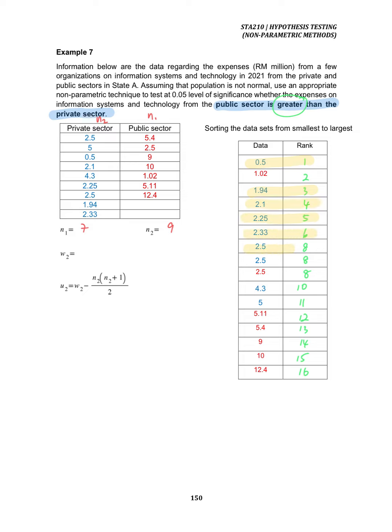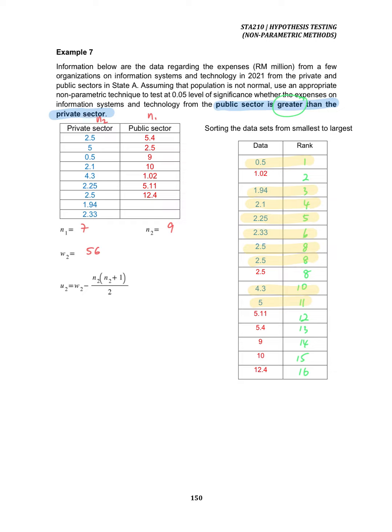Kita add up the ranking yang saya highlight ni. So finally W2 is equivalent to 56. Now kita akan calculate U2.